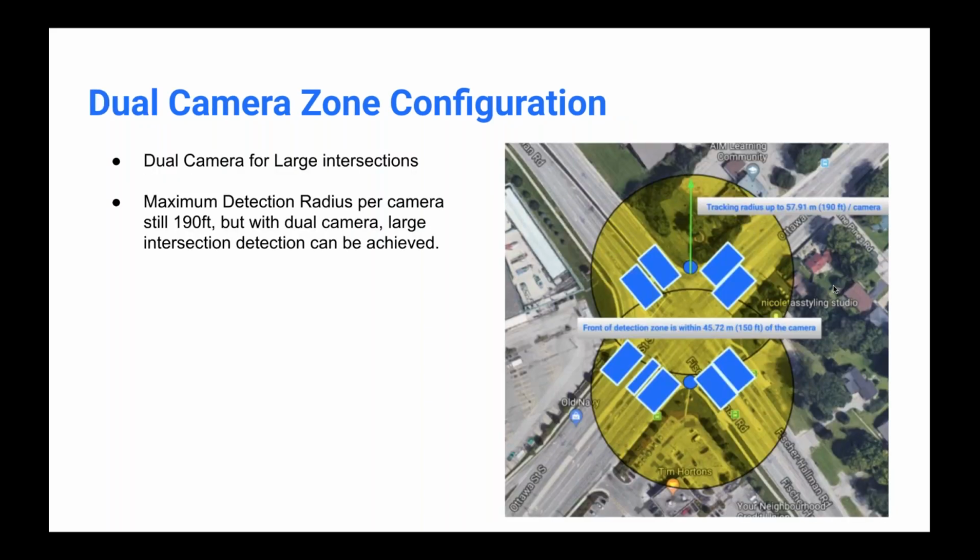When you look at a much larger intersection, and I'm familiar with this one, it's in our local area, it's just coming off a highway, lots of traffic here. On the left, you see it's a big plaza and shopping center. So in an intersection like this, you can actually utilize a dual camera setup.